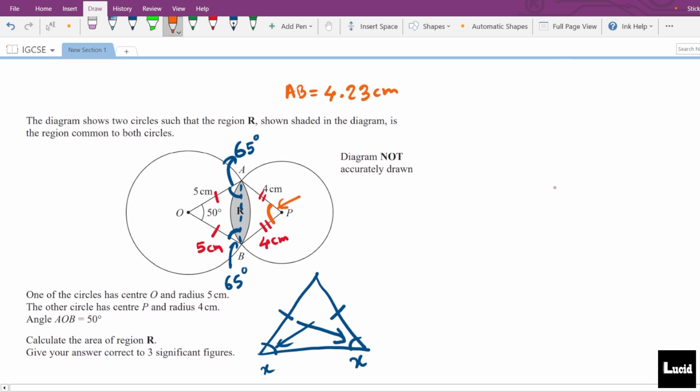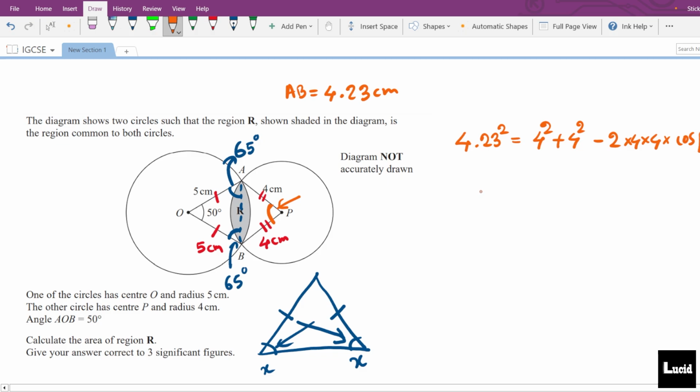So 4.23 squared equals 4 squared plus 4 squared minus 2 into 4 into 4 cos P.